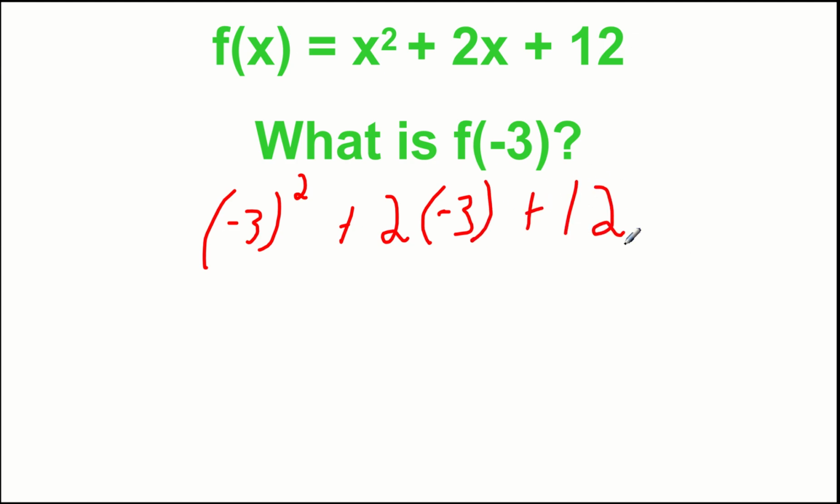All right, so we're plugging in the -3 for x. Y'all, what's -3 times -3? Positive 9. 2 times -3 makes that a -6. And then we got the plus 12. 9 minus 6 is 3. 3 plus 12, 15.